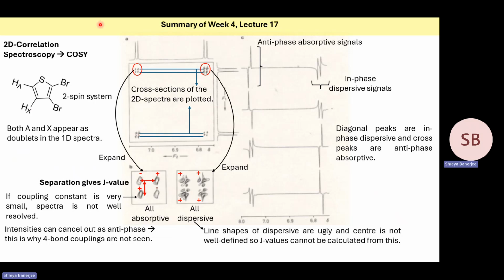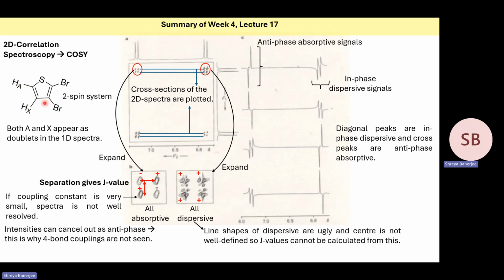Now we will look at some more examples of COSY. Here, if you have a compound, this is also a two-spin system, because you have HA and HX separated by 3 bonds, 1, 2, and 3.